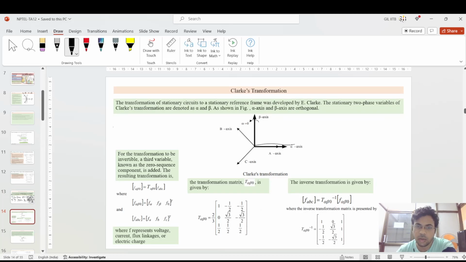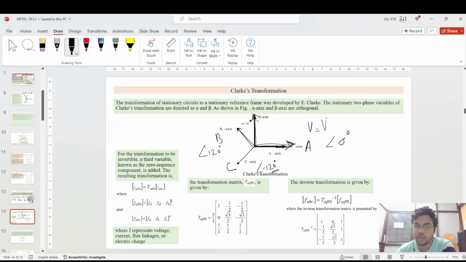So coming to this Clark's transformation, if you see that this is the alpha axis and this is the beta axis, and it is a three-phase system. Three-phase system is this is A, this is B, and this is C. So this is the A axis, which is at angle 0 degree, and this B is at angle 120 degree, C is at angle minus 120 degree.